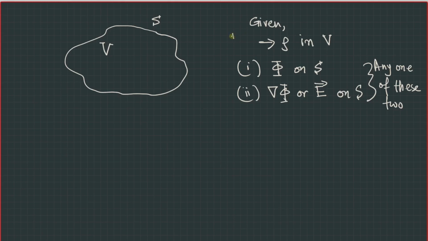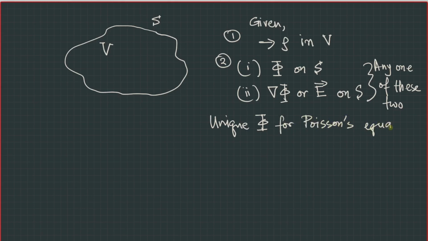So with these two pieces of information, we can find a unique solution phi for Poisson's equation in V, which means using the charge density in V and either of these two, that is the potential on the surface or the electric field on the surface, we can uniquely determine phi, the electric potential, in all points inside V. Alright?